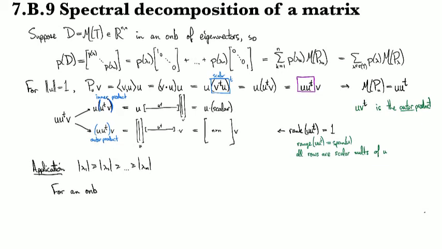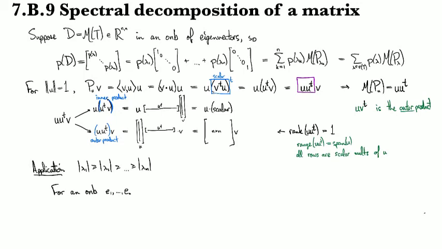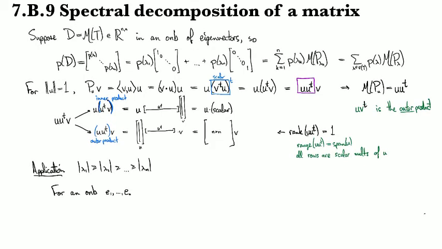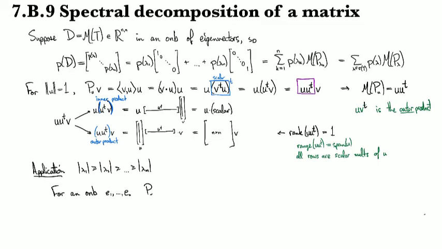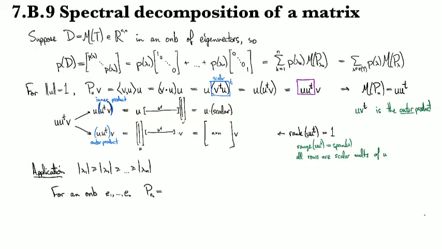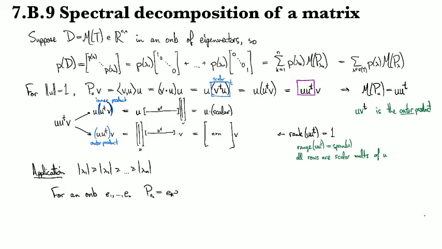If we have an orthonormal basis as our basis here, then the projection onto one of these orthonormal basis vectors looks like this guy.